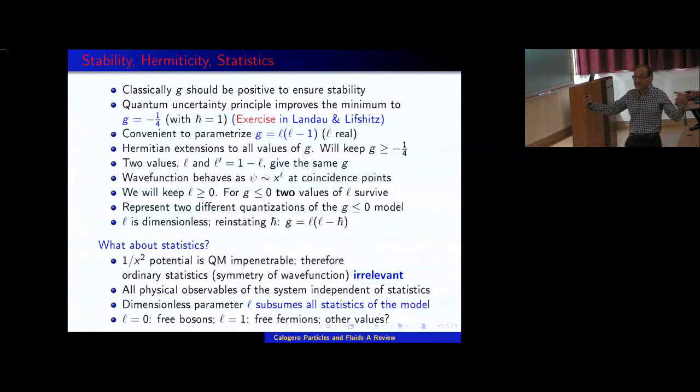That means the scattering amplitude of a particle going through a 1 over x squared barrier is 0. That means that if you start with particles with their positions in a particular ordering, they can never go through each other, even quantum mechanically. And therefore, what happens in these other sectors, these other permutations, is irrelevant. That is to say that ordinary statistics is irrelevant in this problem.